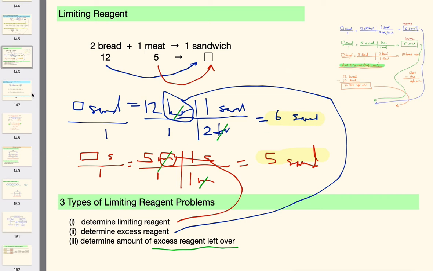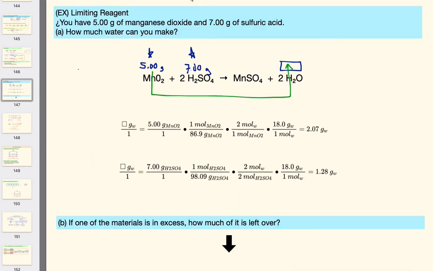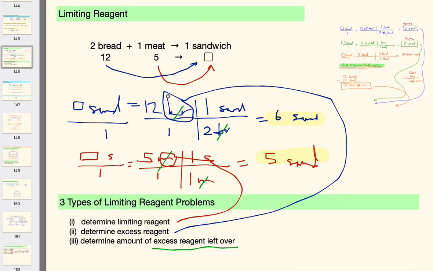And then I'm going to have to do it also for H2SO4: grams of this to moles of this to moles of water, just like I did for the meat, so I could compare how much of my final product is made. It is only this answer that told me which material was limiting.